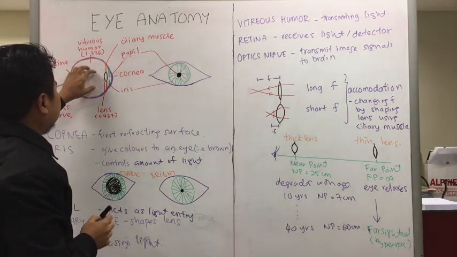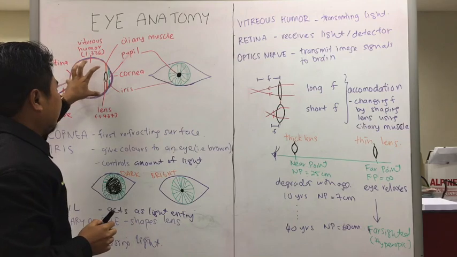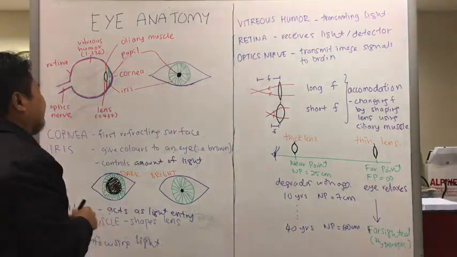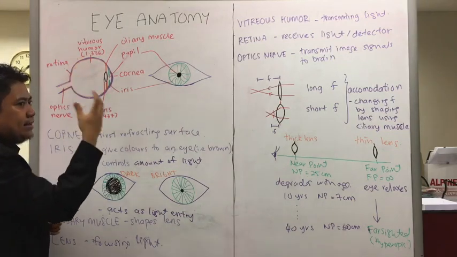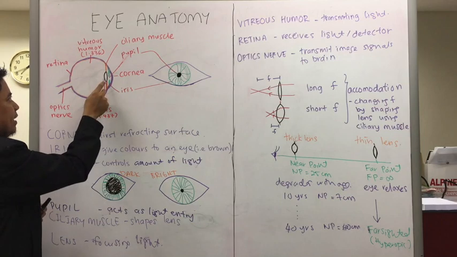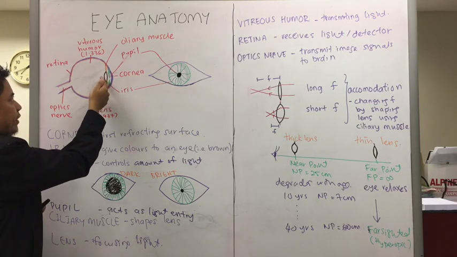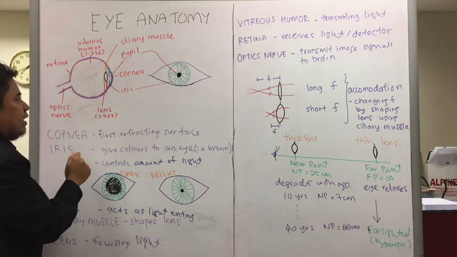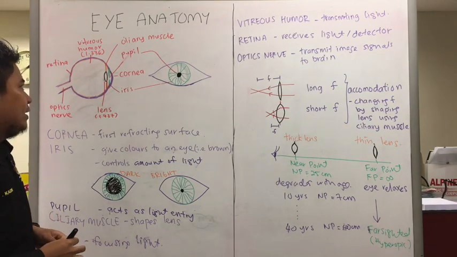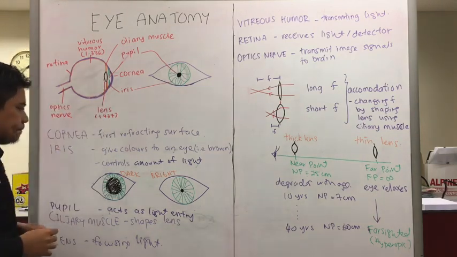Here we have the vitreous humor. A large part of our eye consists of liquids, and its refractive index is a little bit higher than that of water. This is 1.336. So you see there is a difference between the refractive index of the lens and its environment. This is a good condition for the eye to focus light on the retina.